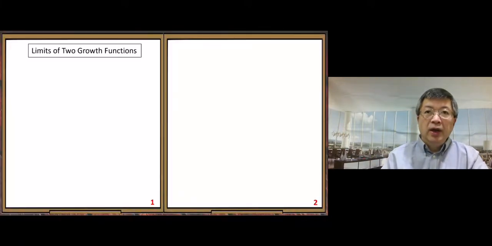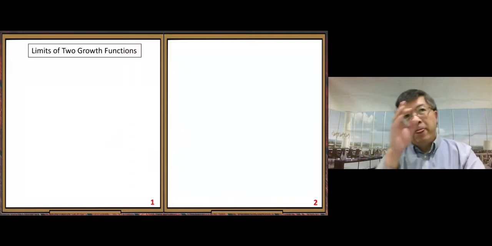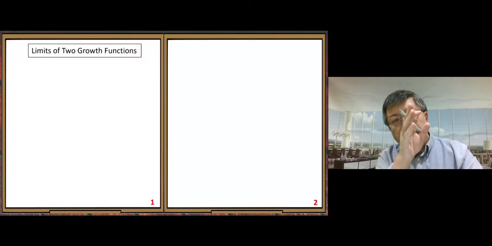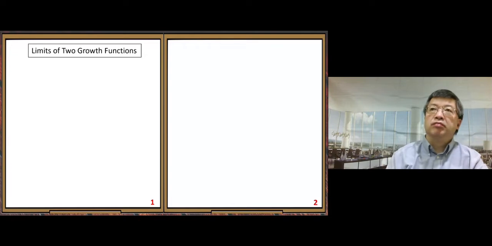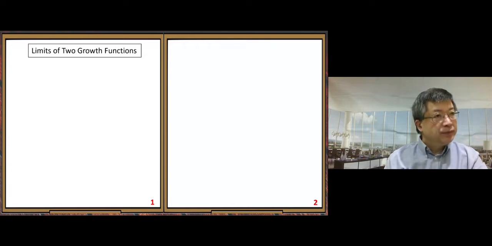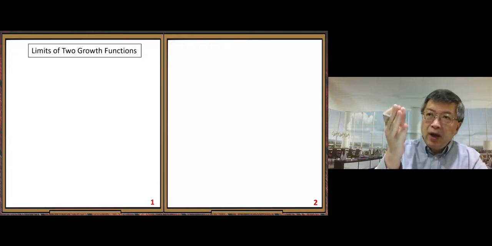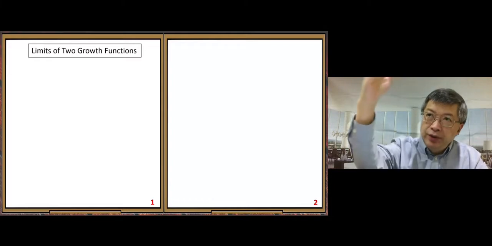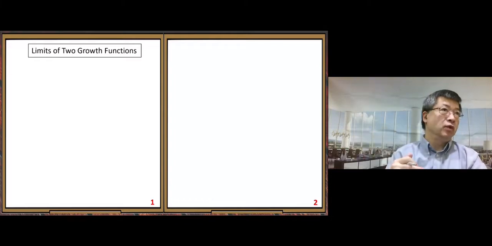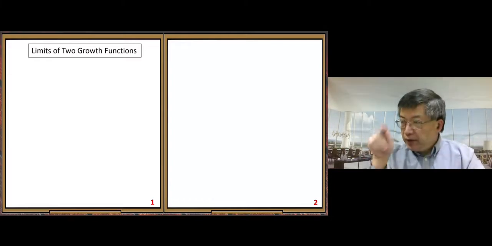All right. So let's recall, when we compare two growth functions, how do we do it? We take the limit of the ratio of two growth functions when n goes to infinity.